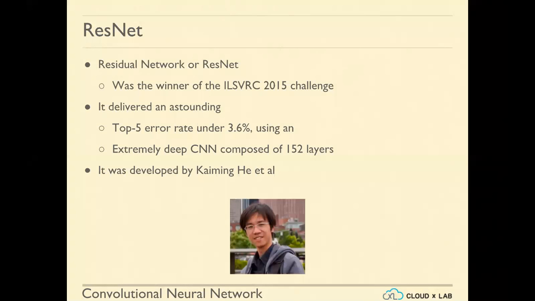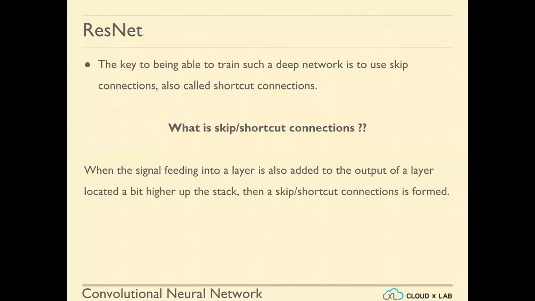It was developed by Kaiming He and company. All right. So the key to be able to train such a deep neural network is to use skip connections, also called short circuit or shortcut connections.